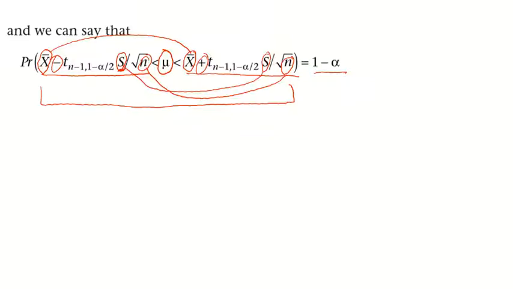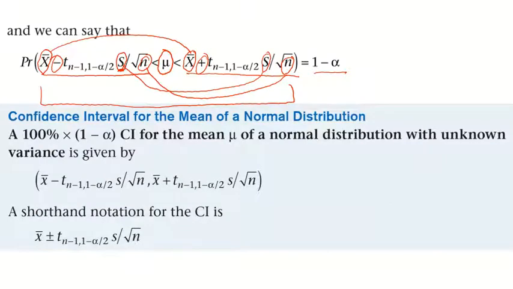So, in fact, this resulting interval is called the confidence interval for the mean, or in short, CI of the normal distribution. And in order to make this notation shorter, we can write it this way. So we just combine the plus and minus signs in this portion.